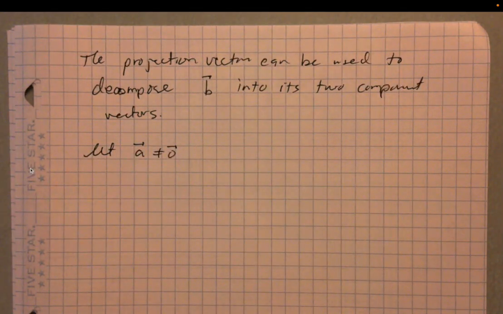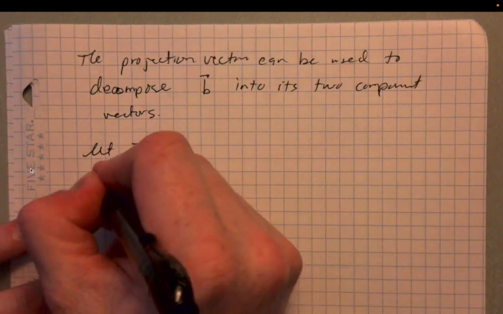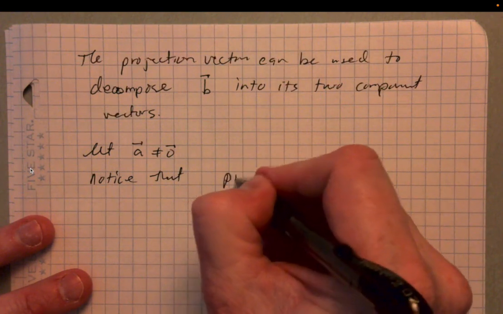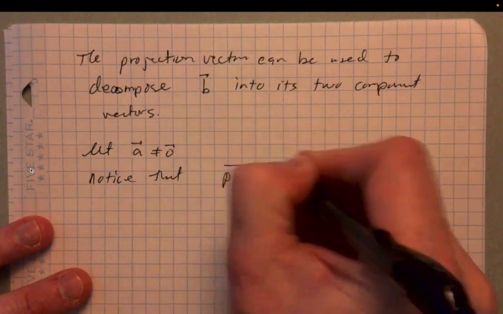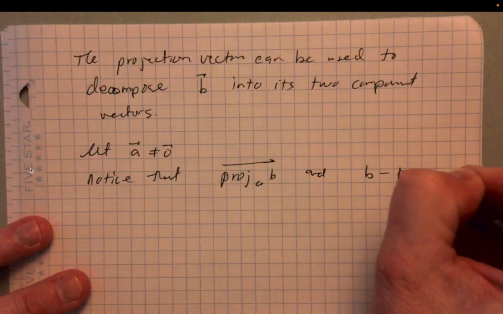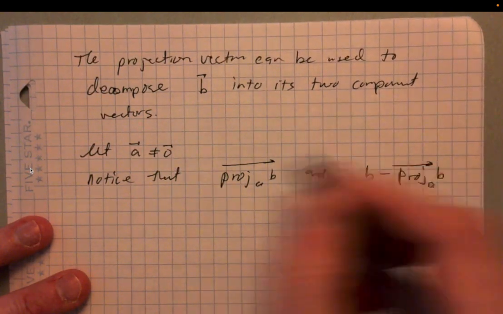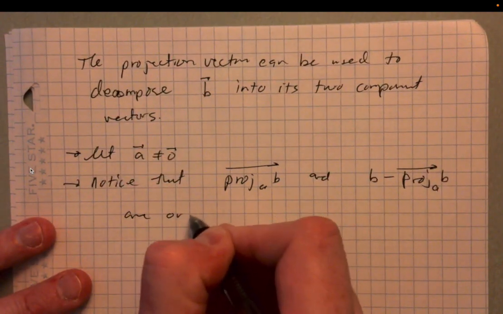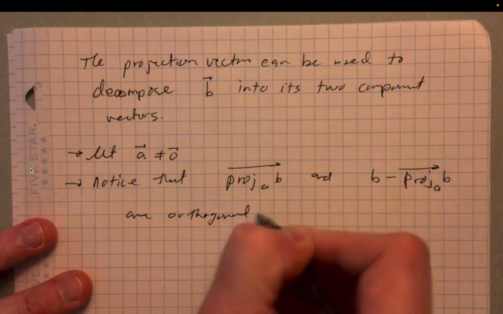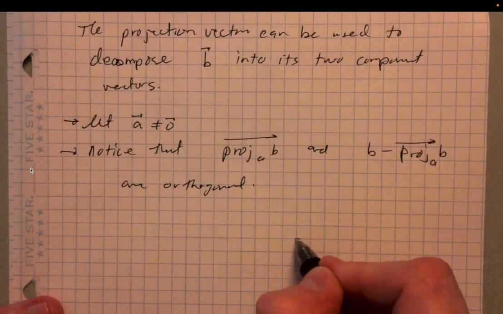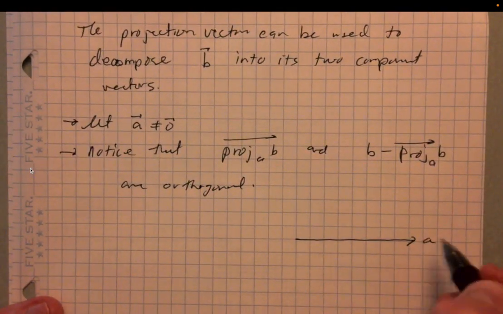Okay, so notice that the projection of B onto A and B minus the projection of B onto A are orthogonal. Okay, so what do we mean by this? Let's draw a picture. So here's my A again.